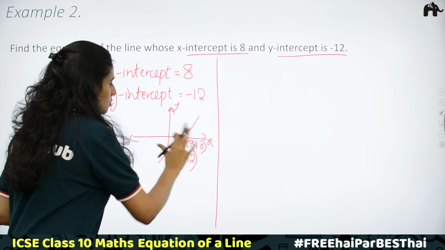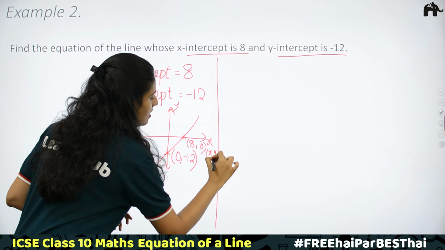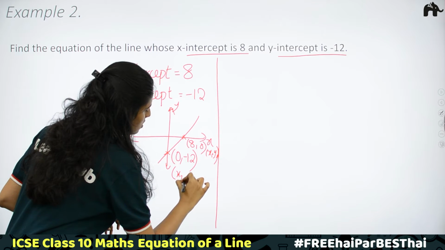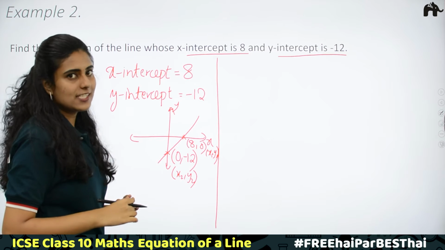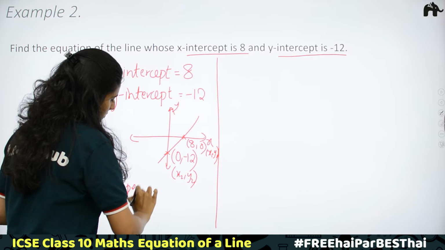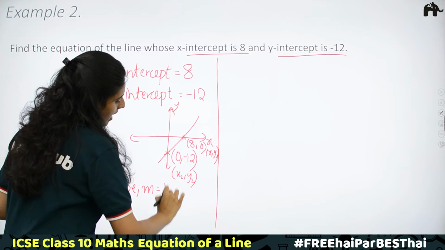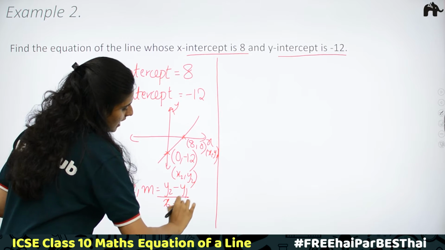So we got the 2 points. Let us take them as x1, y1 and x2, y2. When you have x1, y1 and x2, y2, we can easily determine slope, right? Slope m is equal to y2 minus y1 divided by x2 minus x1.